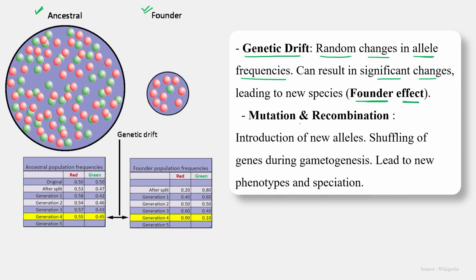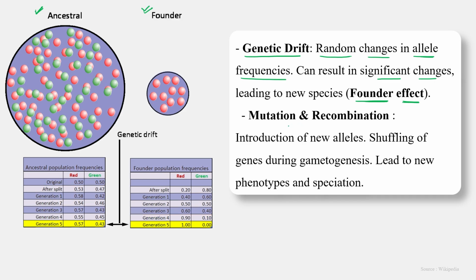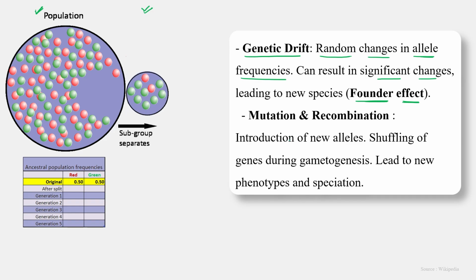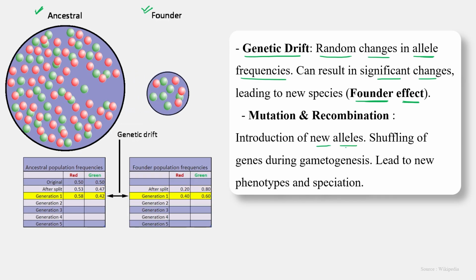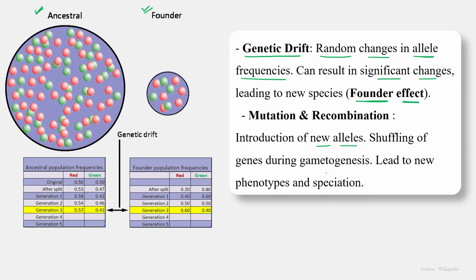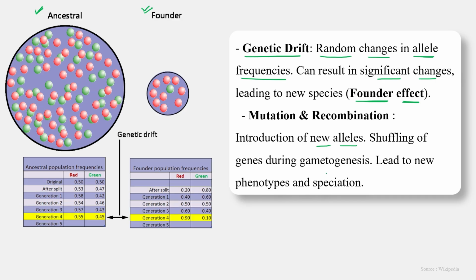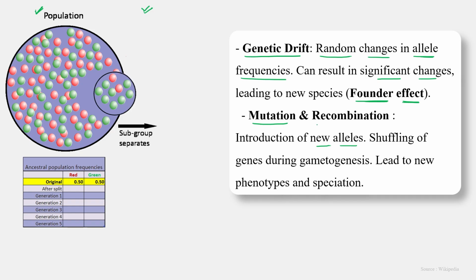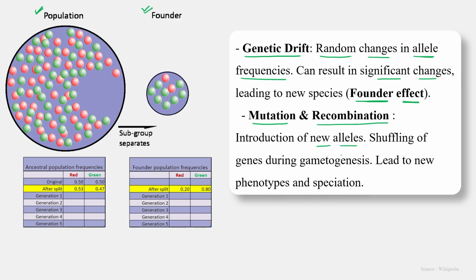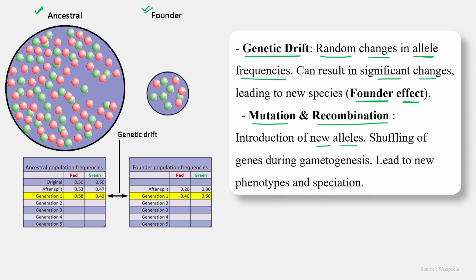Now, mutation and recombination is another factor which can change the genetic equilibrium, means introduction of a new allele or shuffling of genes during gametogenesis can cause mutation, leading to a new phenotype and obviously new speciation. So these are certain factors which can change the genetic equilibrium and lead to evolution, right?